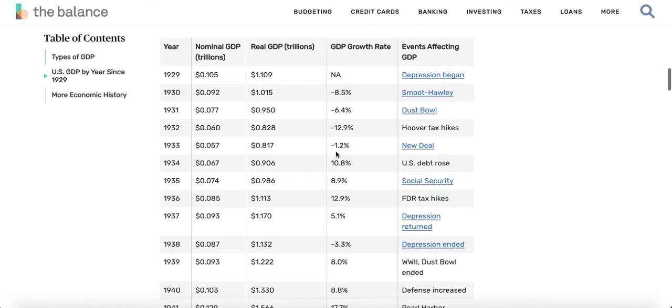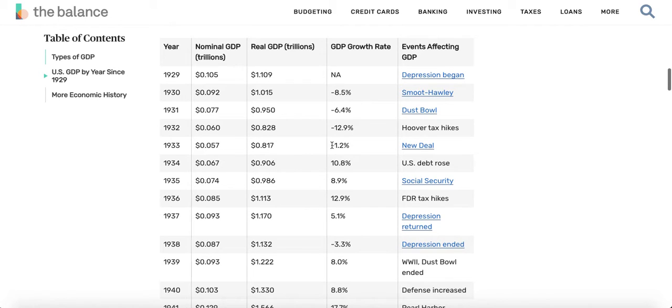So the New Deal is actually investment credit creation. I've covered this in my Reddit post, so my subscribers, the viewers from that Reddit post, would know what investment credit creation is.